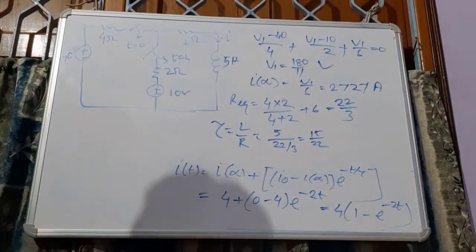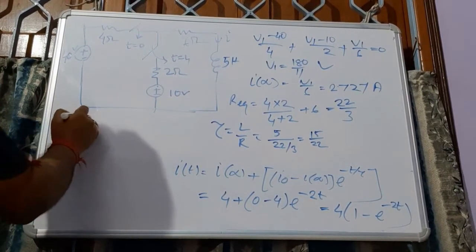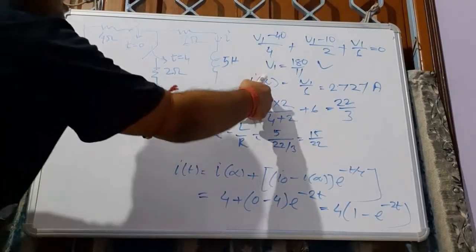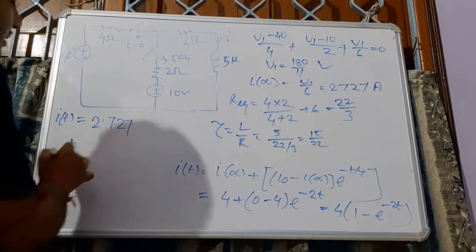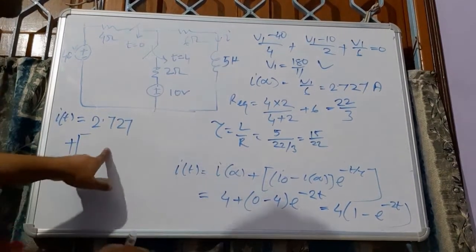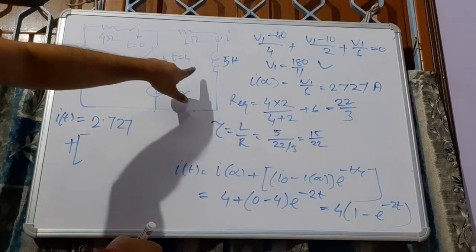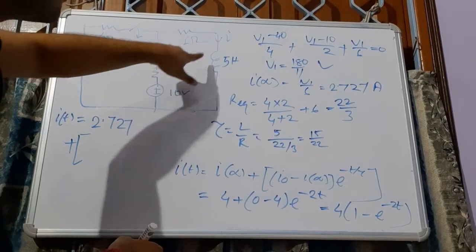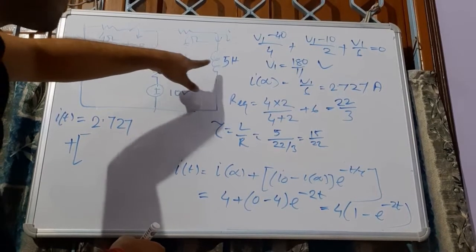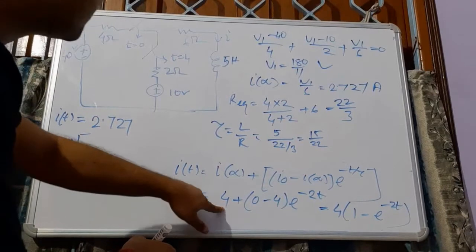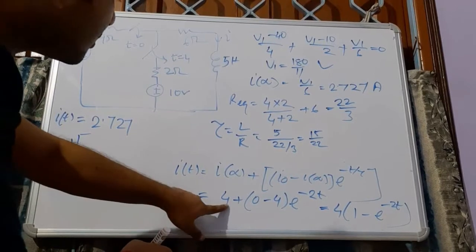Now what will be the expression of I(t)? I(t) will be I infinite here, 2.727, plus (I0 minus I infinite). I0 is the same value as before t equals to 4. So before t equals to 4, I0 is the same as the I infinite of the previous instant.